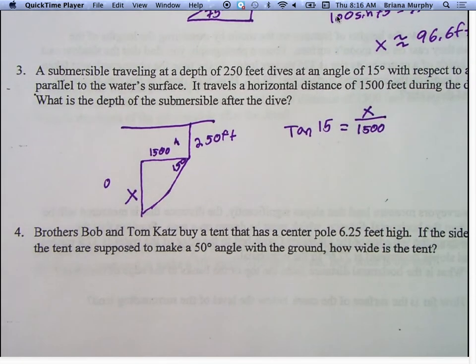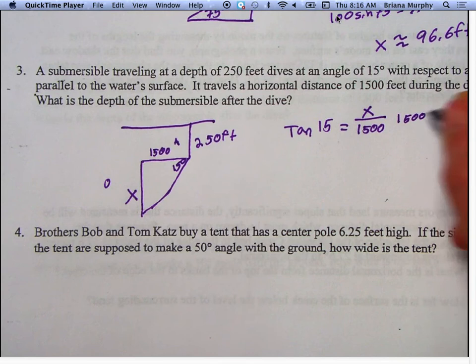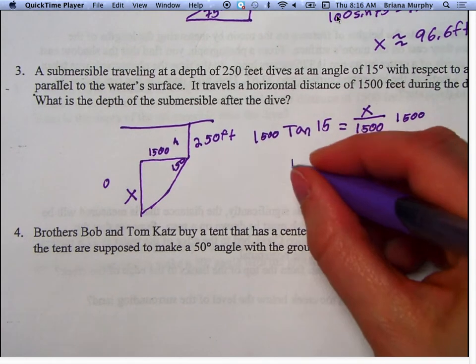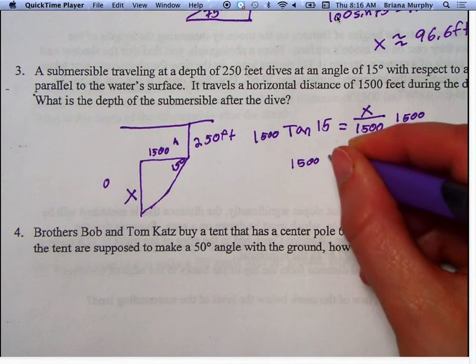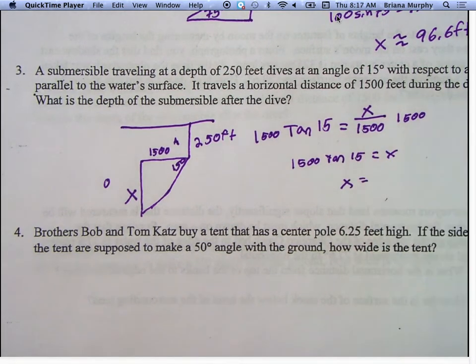So now I just do what? Times by 1,500, and I put in my calculator 1,500 tan 15 equals x, so x equals what, guys?